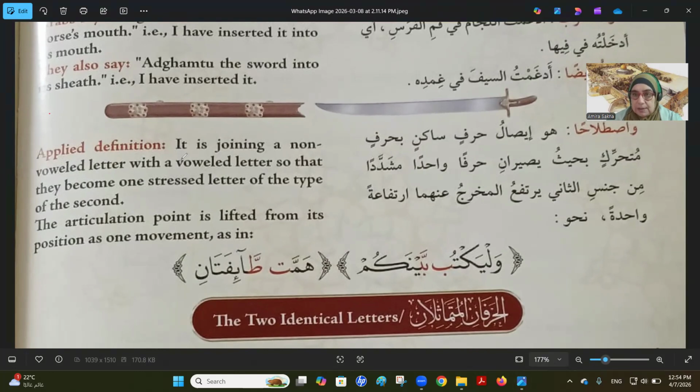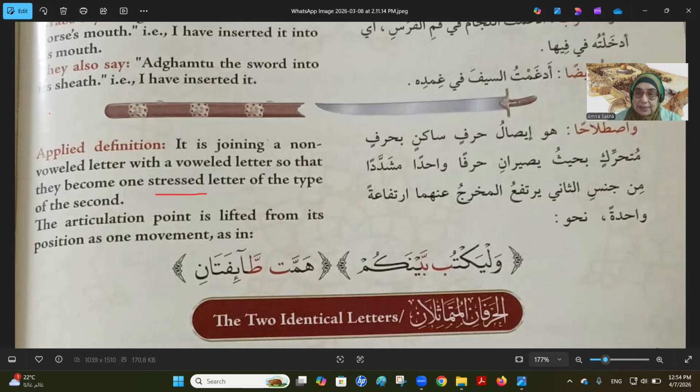What is the meaning of idgham or merging? I'm going to read from here. It is joining a non-voweled letter with a voweled letter, a letter with a short vowel, fatha or dhamma or kasra, so that they become one stressed letter of the type of the second.